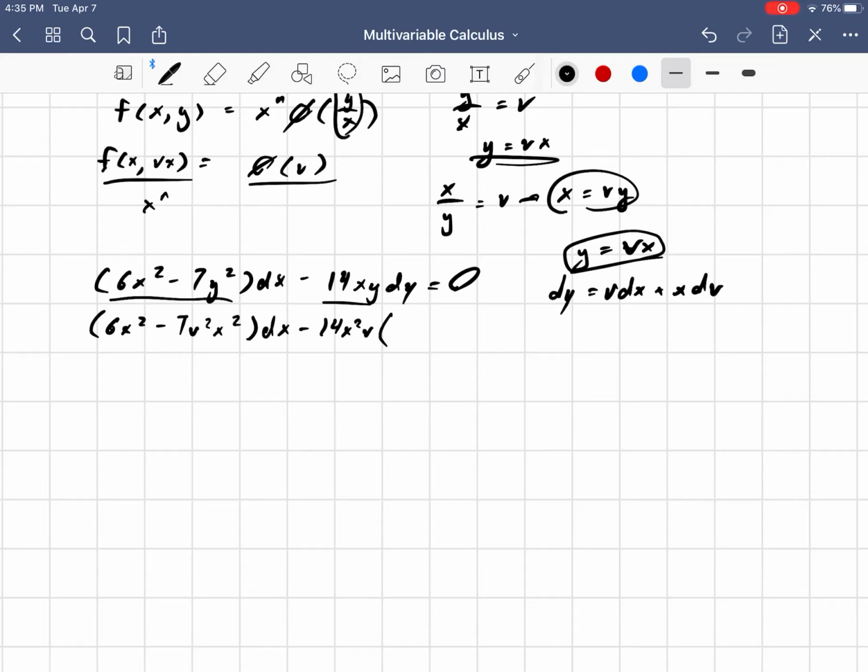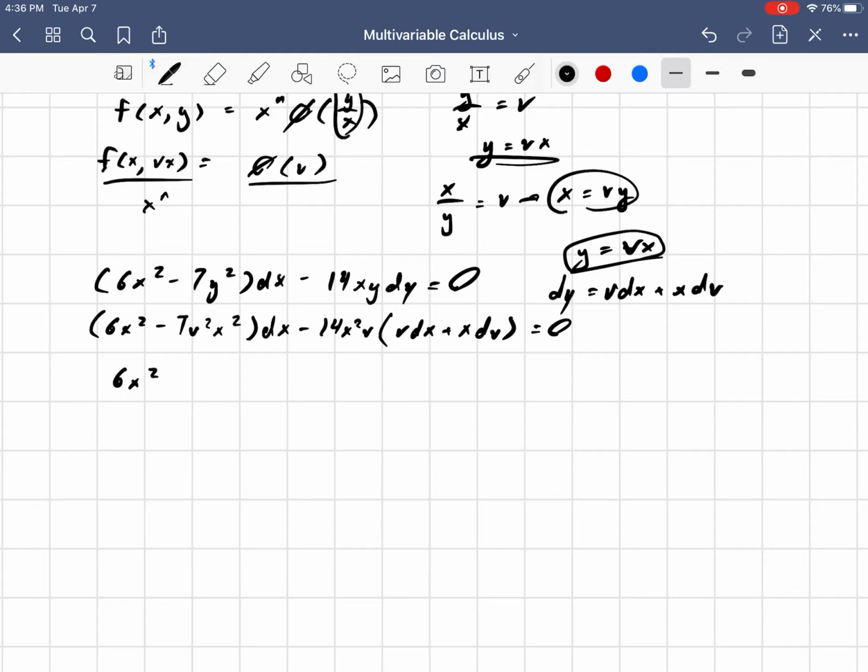If I only am multiplying by a monomial instead of by a binomial, it just makes computation a little easier. So in general, if the dy has the less complicated coefficient, go with y equals vx. If the dx has the less complicated coefficient, go with x equals vy. It doesn't matter which one you go with, it just makes it a little nicer to deal with. So v dx plus x dv, and that's equal to 0.